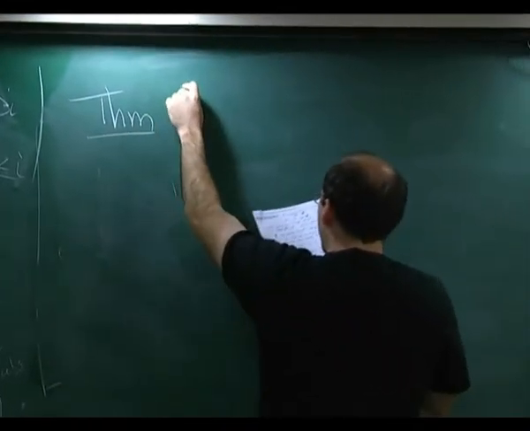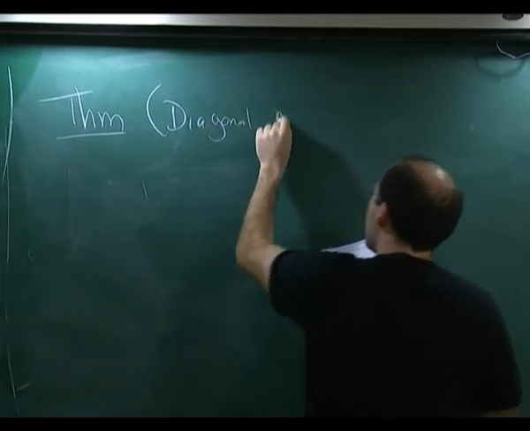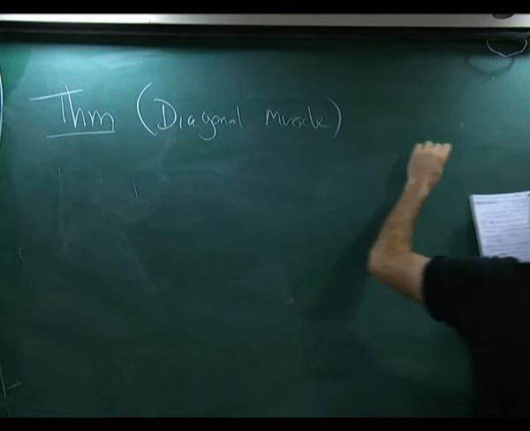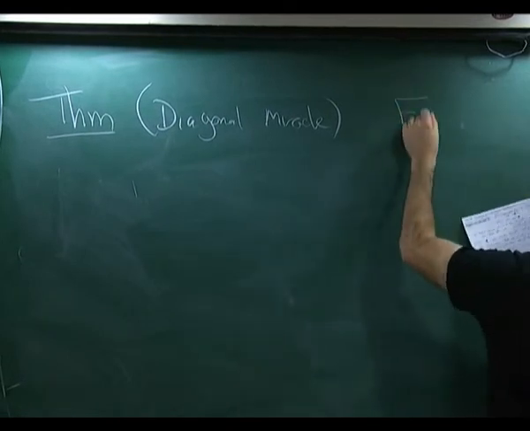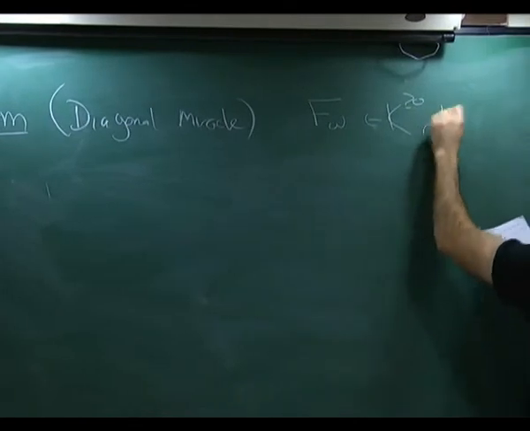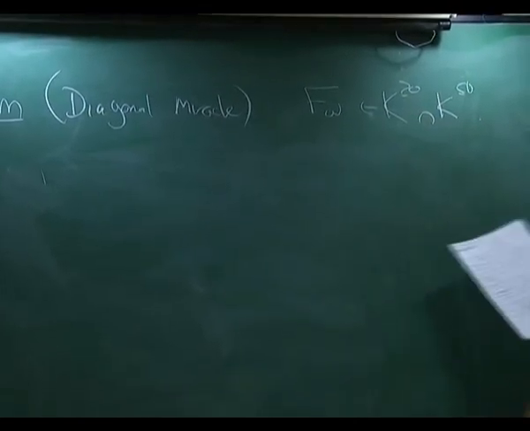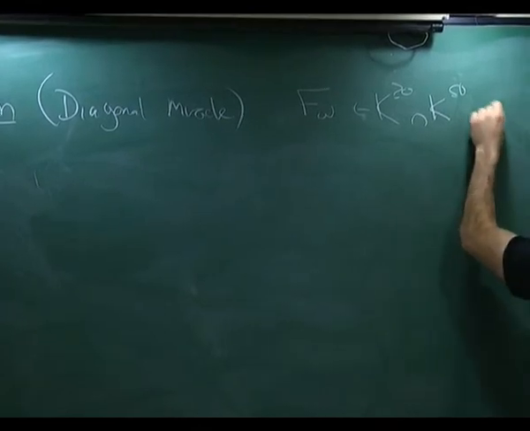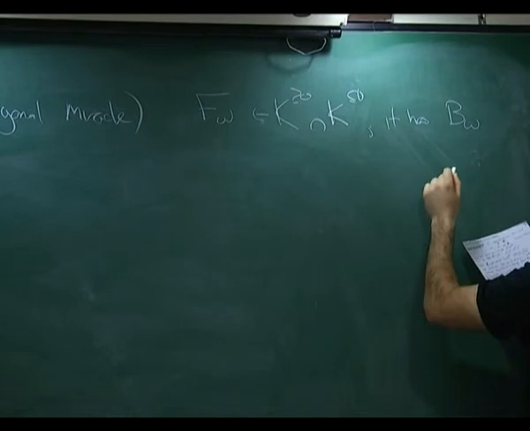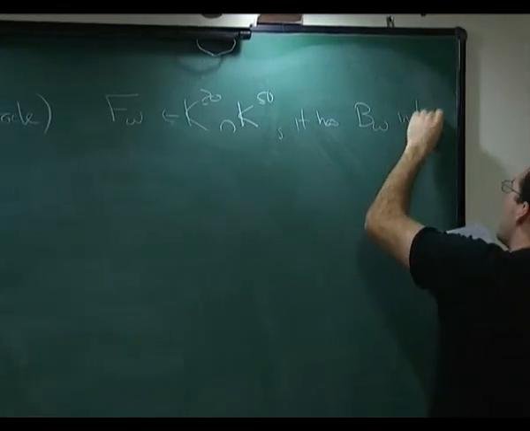Theorem, which we call the diagonal miracle, is that FW, this minimal complex, is in the core. And it has BW sitting all by itself in homological degree 0.